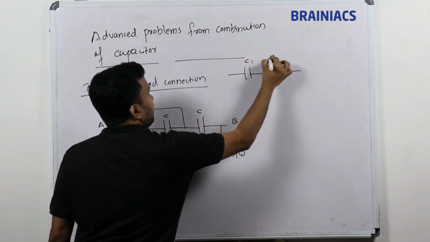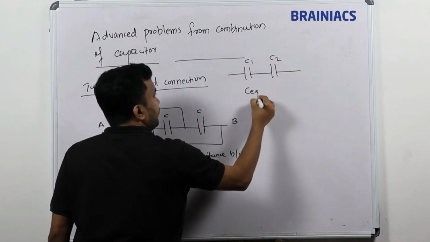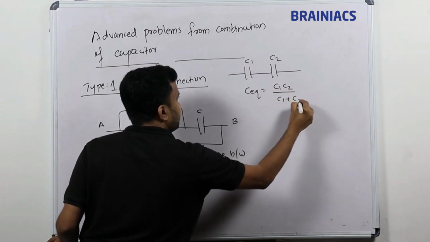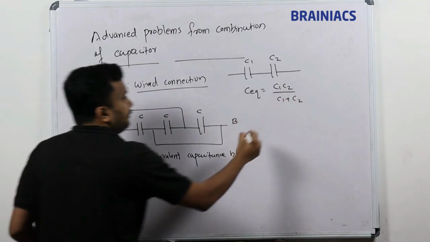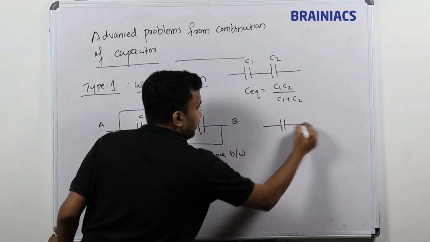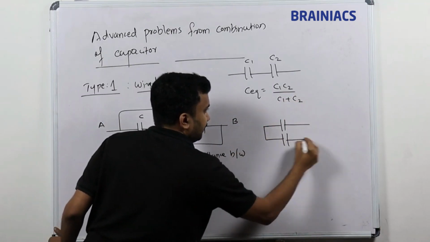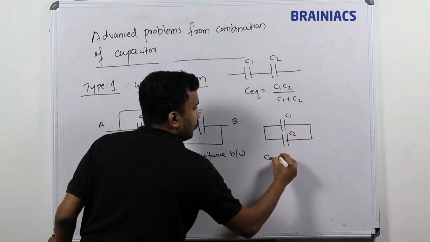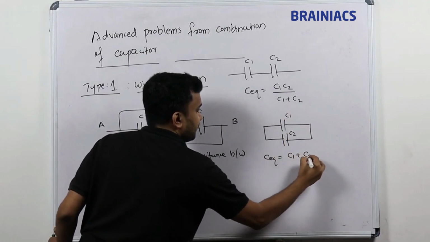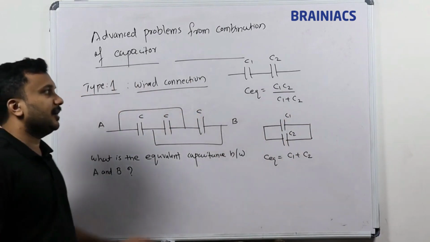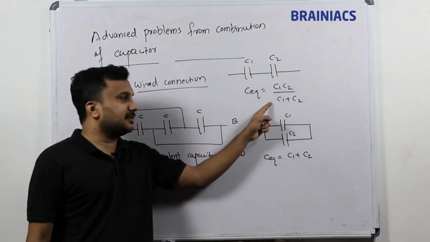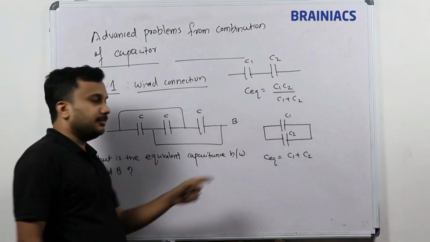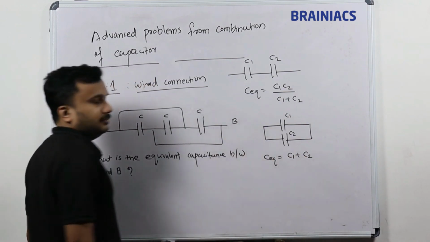If 2 capacitors are connected in parallel like this, then C equivalent is equal to C1 plus C2. This is what we learned in the last class. Series connection means C1 C2 divided by C1 plus C2. If it is a parallel connection, it means C1 plus C2 directly.